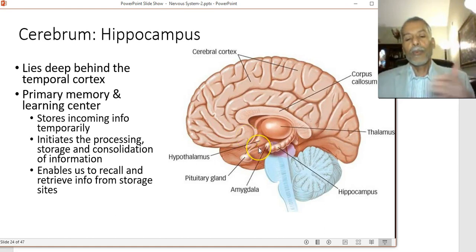So it is like a distribution center. All the information from your senses, anything that you see, feel, or touch, goes to the hippocampus, that little structure. In old Syrian language, hippocampus means seahorse.